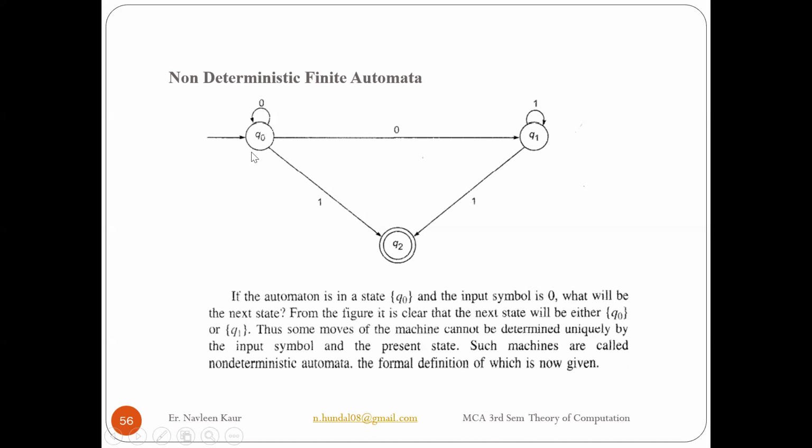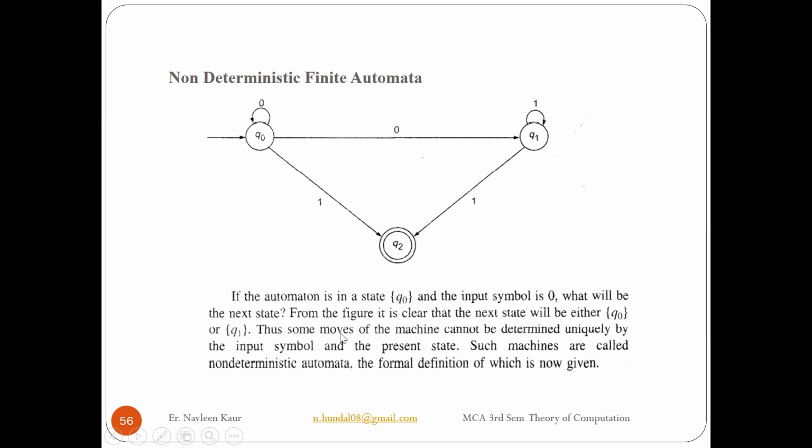One is back to Q0 again, that can be your next state. The other is to Q1. So if your automata is in state Q0 and the input symbol is 0, from the figure it is clear that the next state will be either Q0 or Q1.